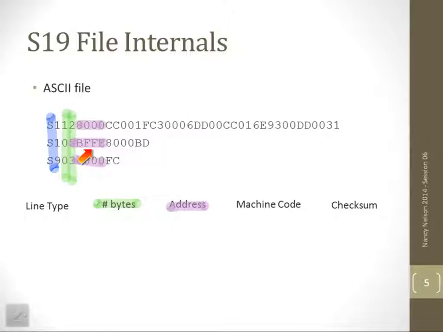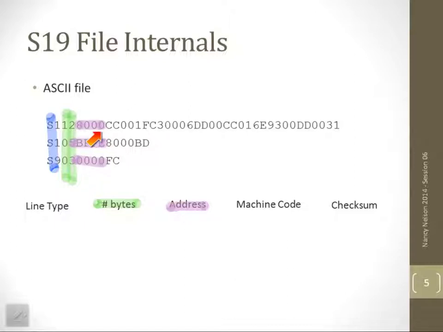If the reset vector is going to be anywhere other than FFFE, a processor may put it at BFFE, and that's usually to allow for an expansion on the board. So here our reset vector is at 8000, which is where our code starts. So we can see that 8000 address here.